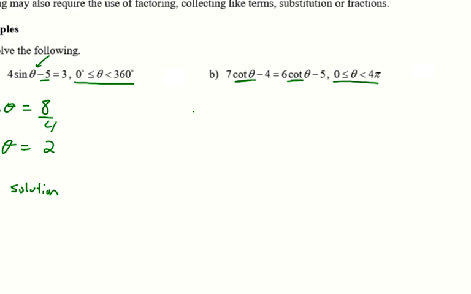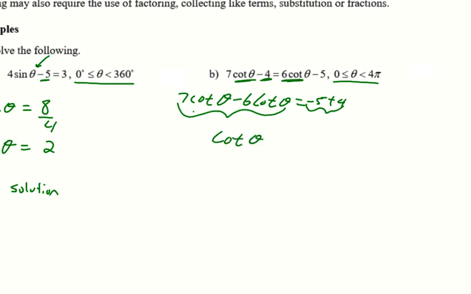Let's just collect like terms. So I'm going to say this is 7 cotan theta, and I'm going to bring this 6 cotan theta over, so minus 6 cotan theta is equal to, I'm going to bring this 4 to the right side and add it, so negative 5 plus 4 on that side. Now I'm just going to collect my like terms. 7 minus 6 is 1, so that's just cotan theta is equal to negative 5 plus 4, which is negative 1.